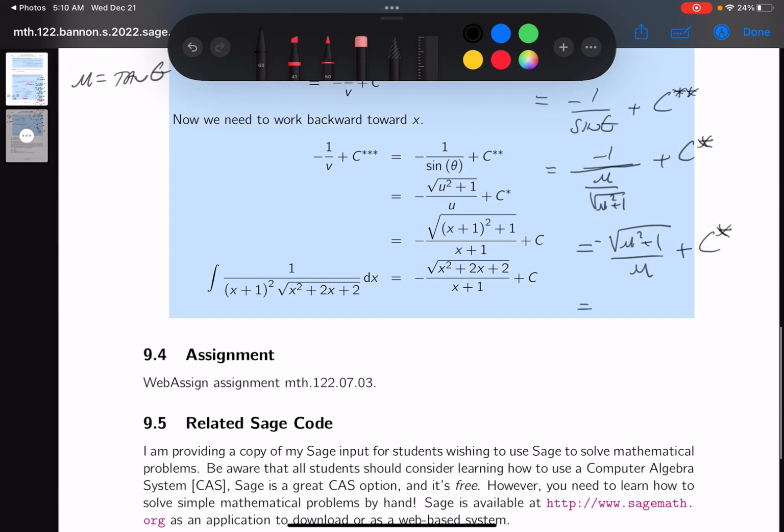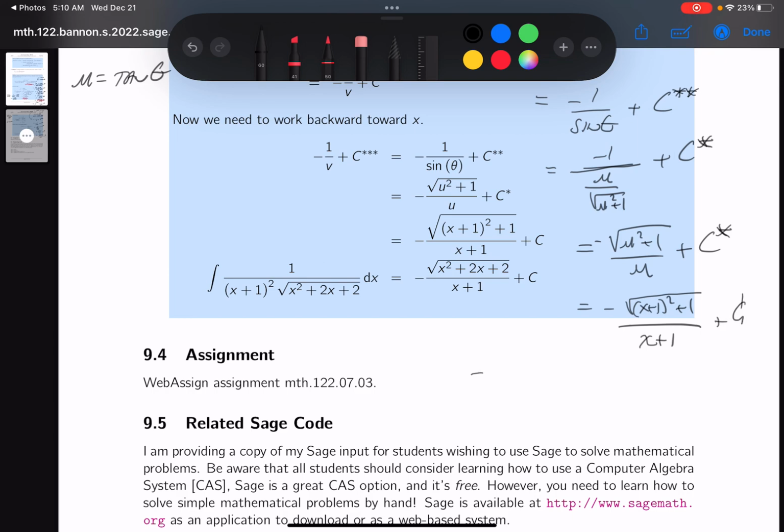So what do you get here? Minus the square root of x plus 1 squared plus 1, over x plus 1, and then plus c.